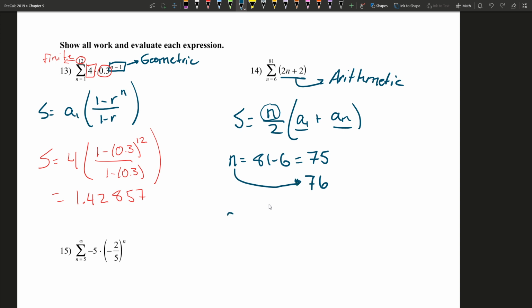The first term that we're adding is actually the 6th term in the sequence. So we plug in 6, and we get 14. And the last term is the 81st term.